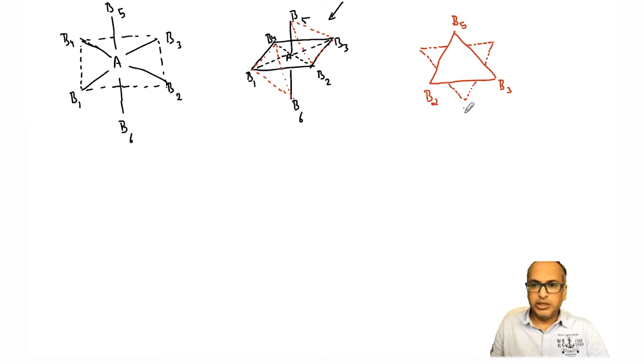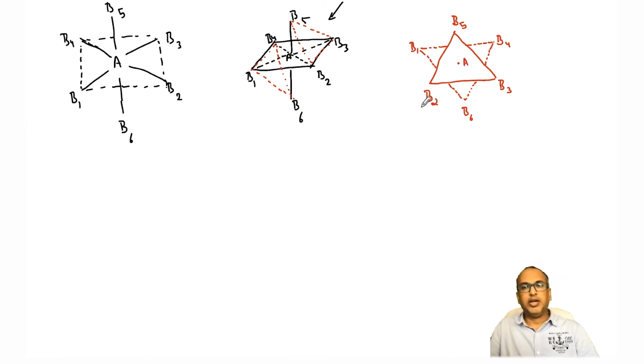And the bottom is B6, B4, and this side is B1. And the center of these two triangles will be atom A, right? So now it will be very, very easy to identify the C3 axis of rotation.